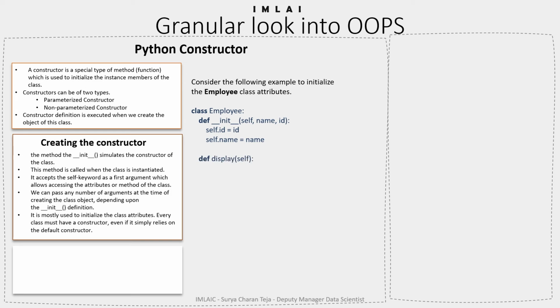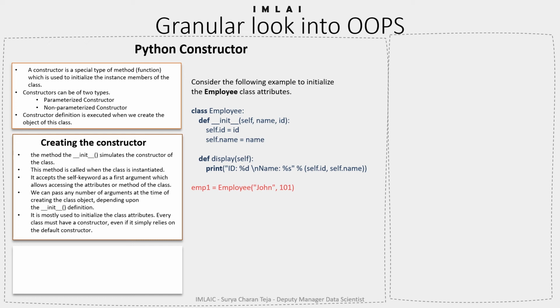Then we have a display method. In the display method, we have referenced those instance attributes, self.id and self.name. Now we call the class, a function call, to generate an instance or an object.